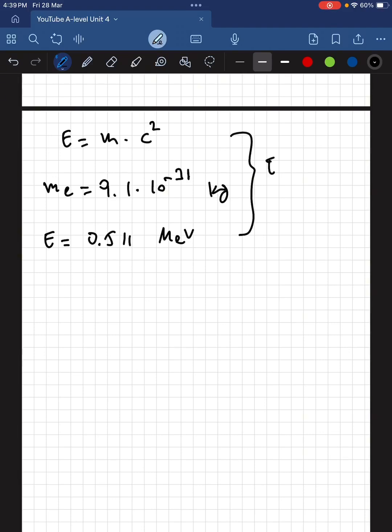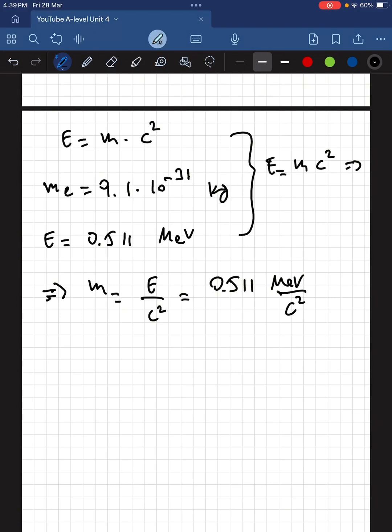But since energy is mc squared, and since 0.5 MeV corresponds to the rest energy of an electron, I can also write that mass is energy over c squared. So that's 0.511 MeV per c squared. I hope this makes sense.